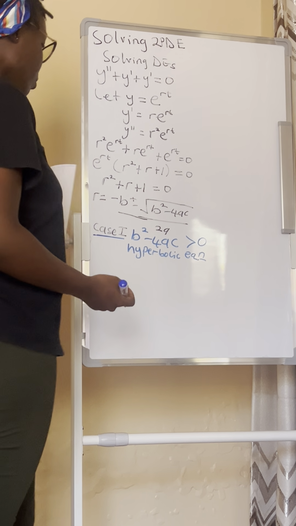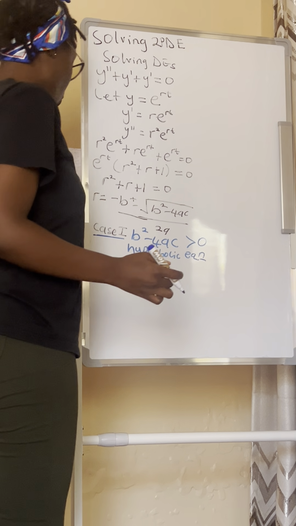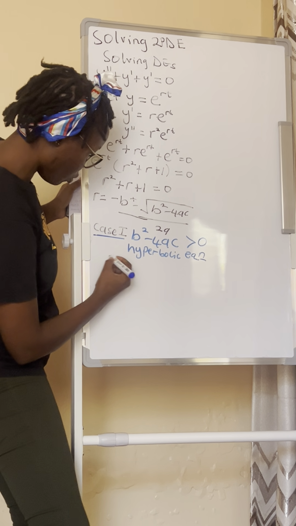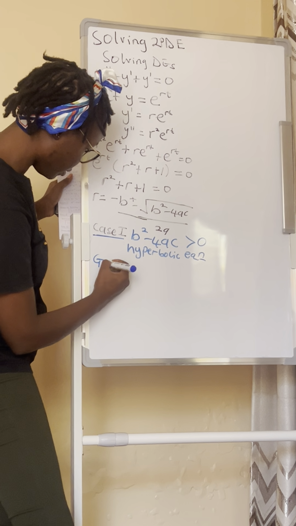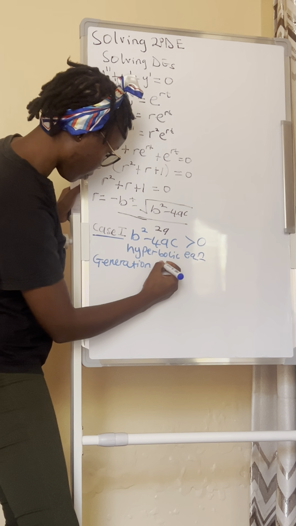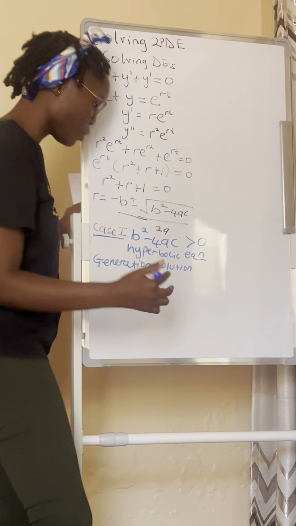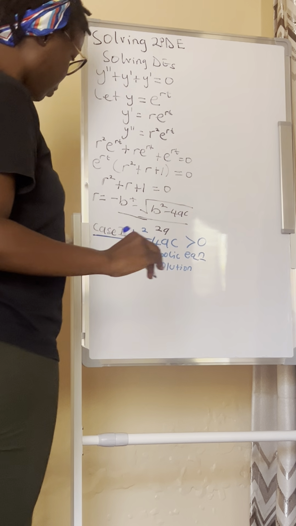Now, where this discriminant is greater than 0, the general solution of the hyperbolic equation has two real roots.